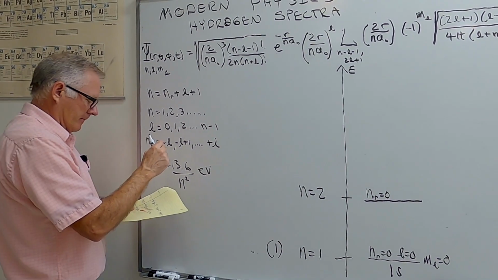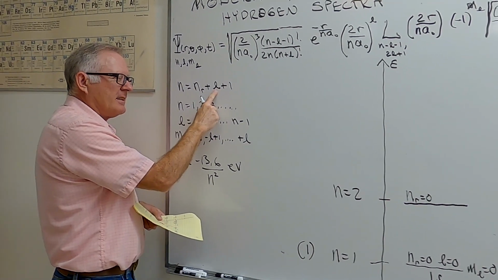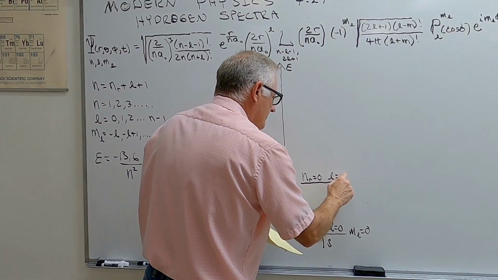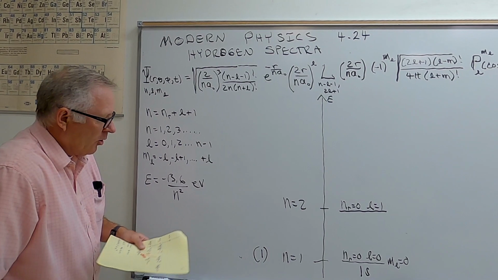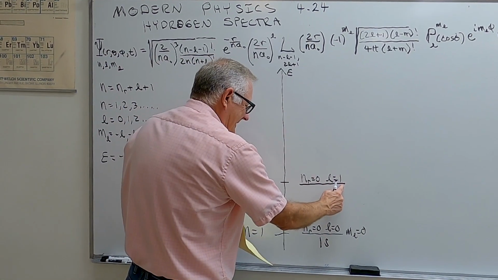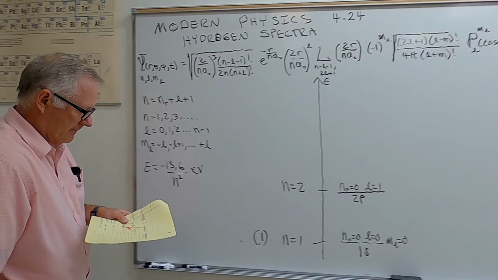And if n sub r is 0 and that's 2, that means L is equal to 1. So this would be L equal to 1. We would call that the 2p state right there.